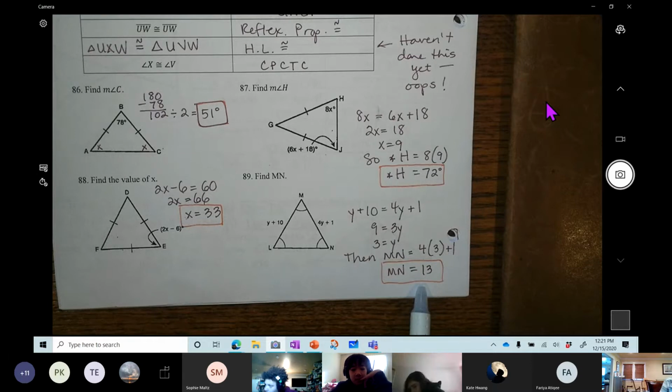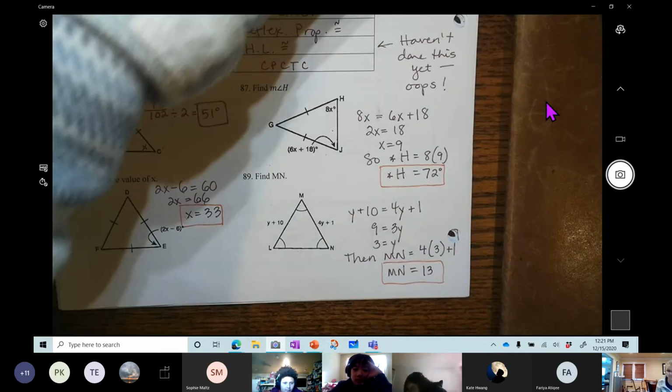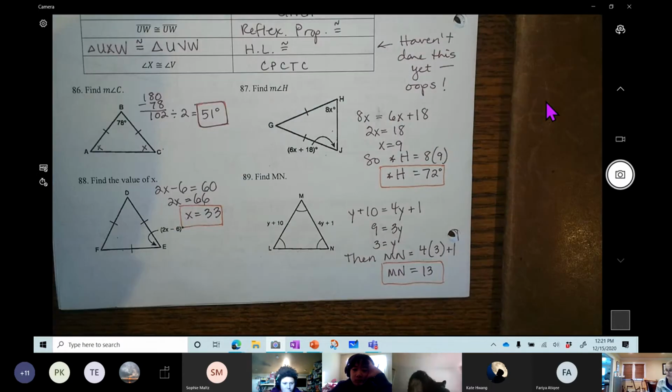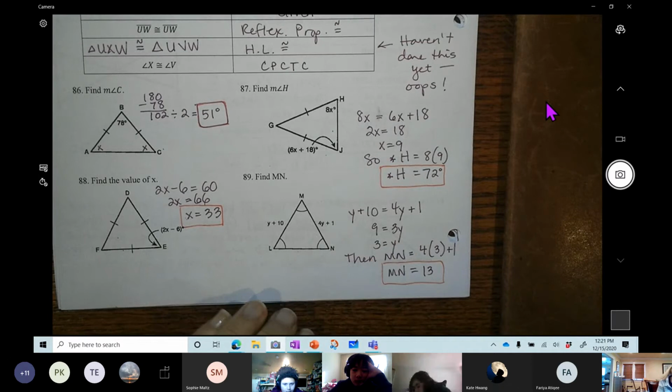That's why that's boxed. That's why 13 is the answer, not 3. So as you're going through checking your work and you go through the answer key, make sure that you're checking the answer, not just what you got, right? Because you may have y equals 3 and think you're wrong. Well, you weren't wrong. You just didn't answer the question. Okay, so be careful with that.